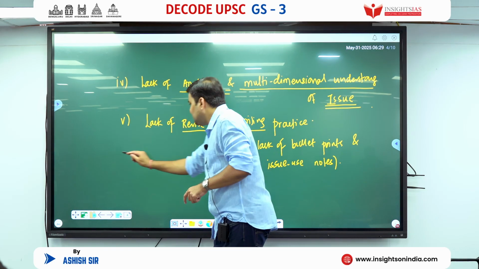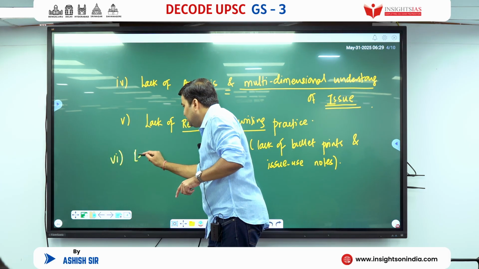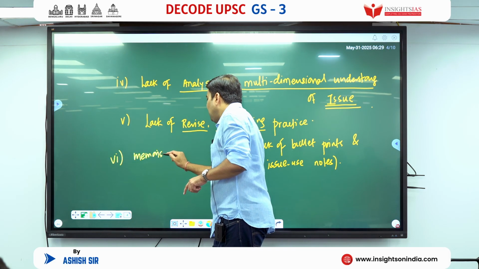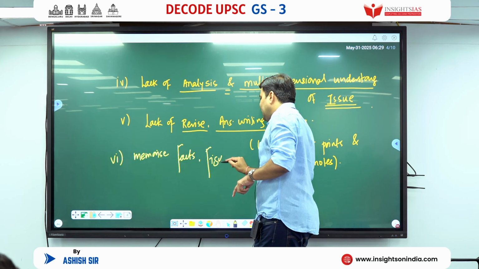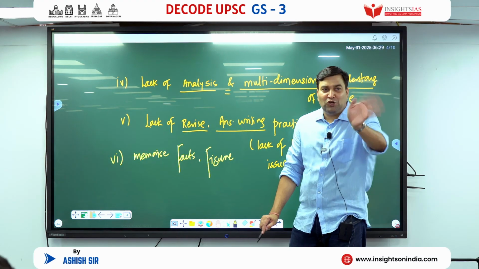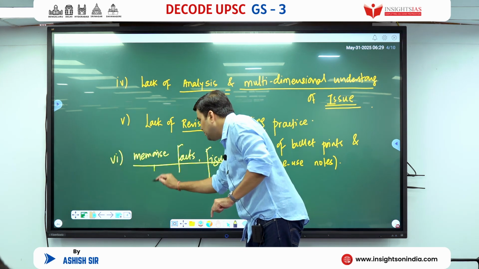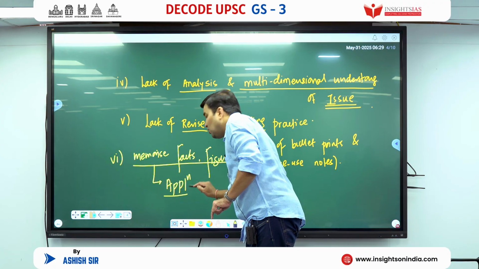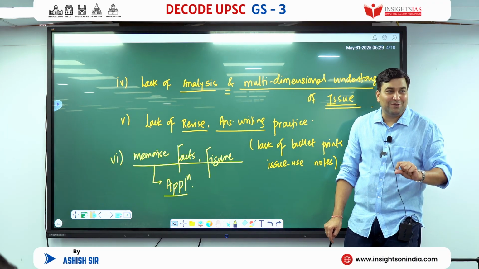Problem number 6: people rote learn, or I would say memorize facts, figures, and they tend to reproduce, merely memorize, which is not going to be helpful. Why? Because you need application of it in the examination hall. How to do application? How will you understand this without practice, without understanding PYQs?